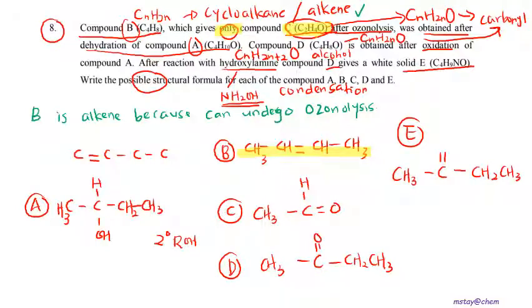And from the hydroxylamine we take out the H2, so we connect the nitrogen with the OH. Now if we check the formula: C4, 1, 2, 3, 4, done. H9: 3, 5, 8, 9. And then we have one N and one O. Yes, this is the answer for question number 8.